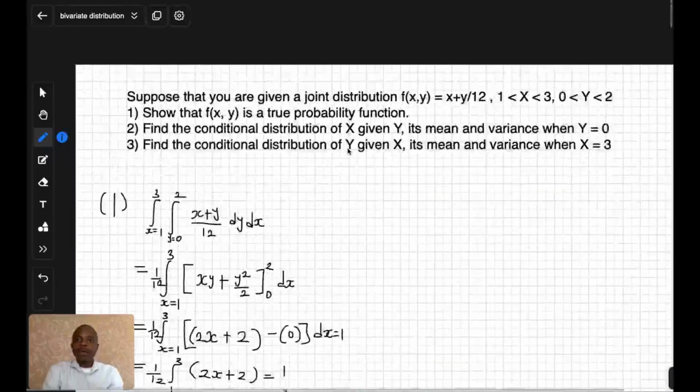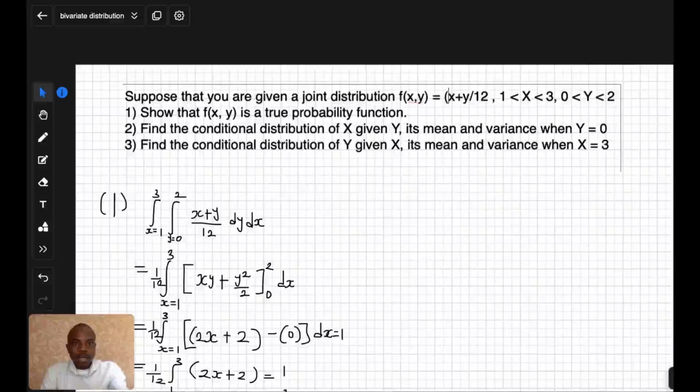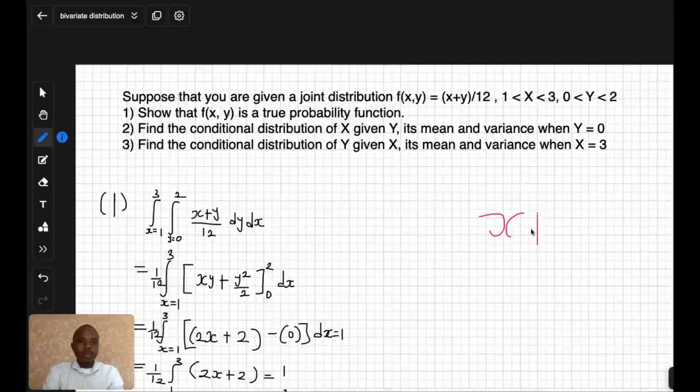Now, suppose that you are given a joint distribution, f of x comma y equals x plus y, all over 12. Mind you, this means x plus y are together, so if you write that with a pen, you have x plus y over 12.